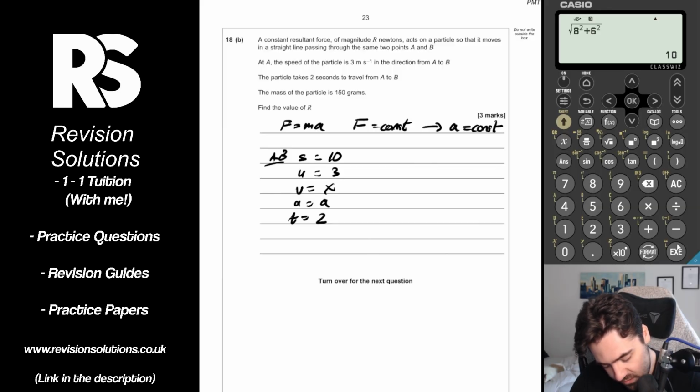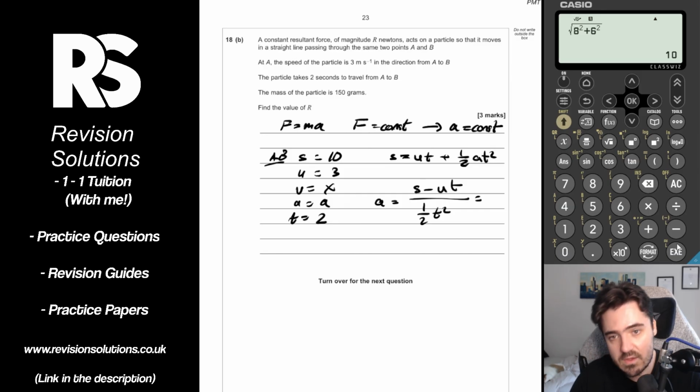We're not going to need the final velocity, so we want an equation without v. That would be s equals ut plus a half at squared. Rearranging for a, we're going to get s minus ut all over a half of t squared. So plugging that in our calculator, that's going to be 10 minus 3 times 2 all over a half of 2 squared.